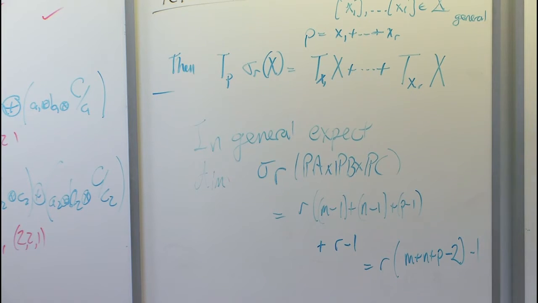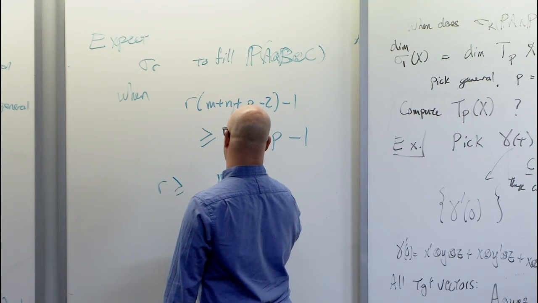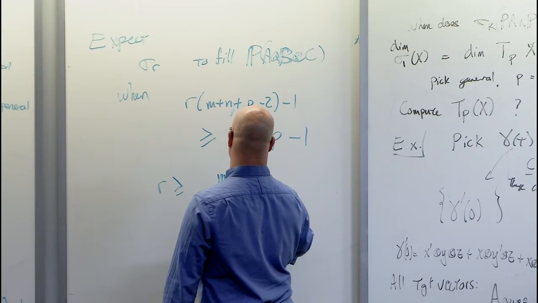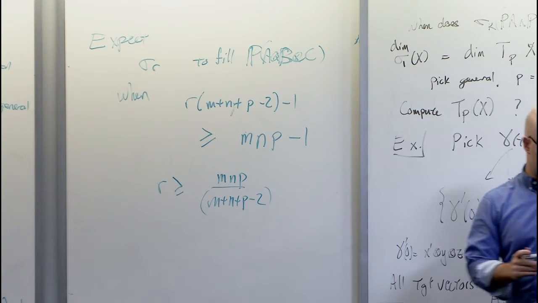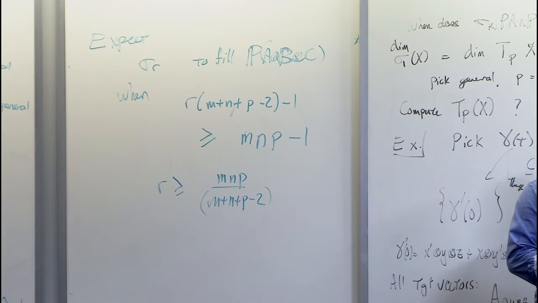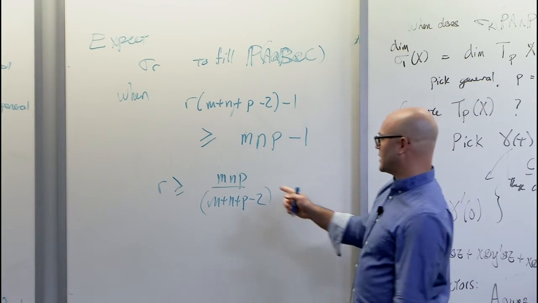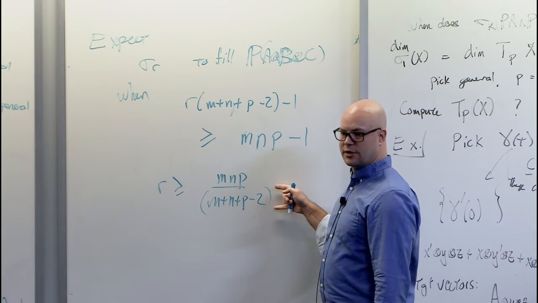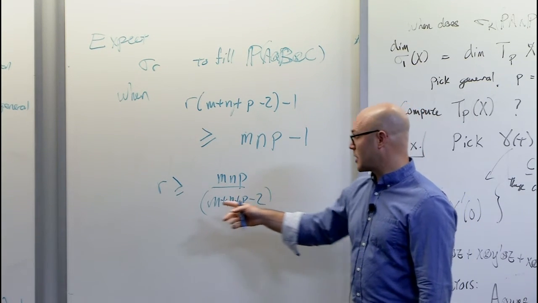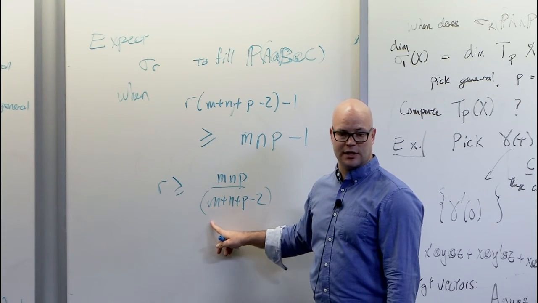So then we take the ratio: we want r to be bigger than or equal to mnp divided by (m plus n plus p minus 2). Okay, so now, if somebody asks you what rank to expect over complex numbers of a tensor that's size m by n by p, then the smallest r that satisfies that is going to be the expected rank.